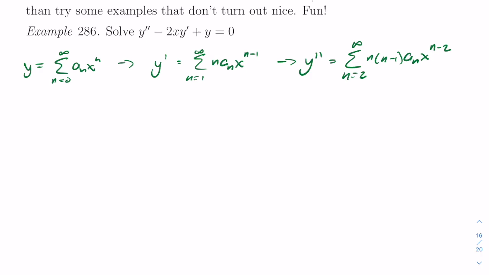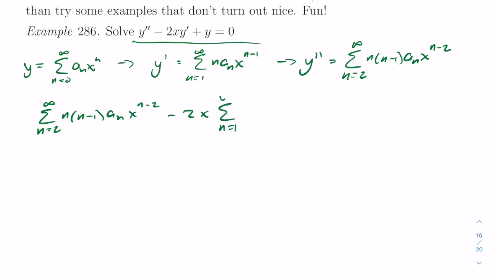Now we're going to substitute all of those back into the original. So back into this, and so we write the first one, 2 to infinity, n minus 1, a n x to the n minus 2, minus 2x times the middle one, plus the last.